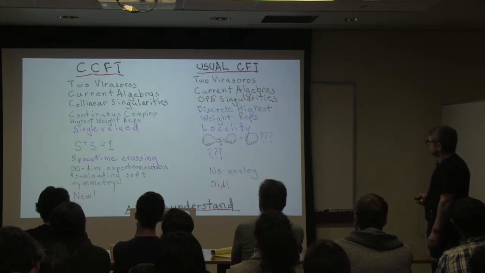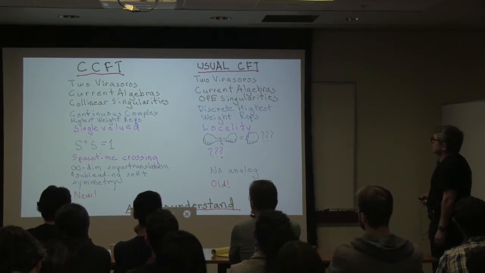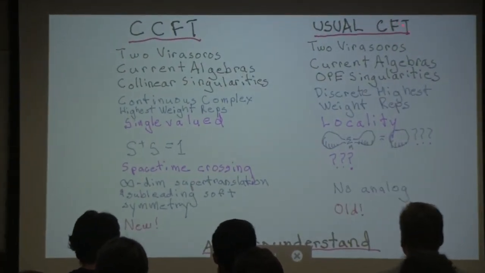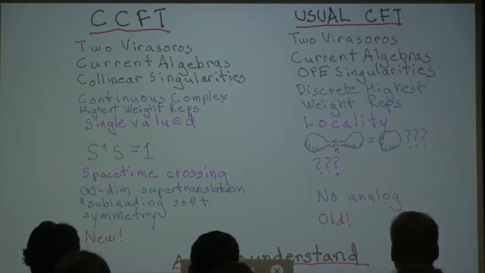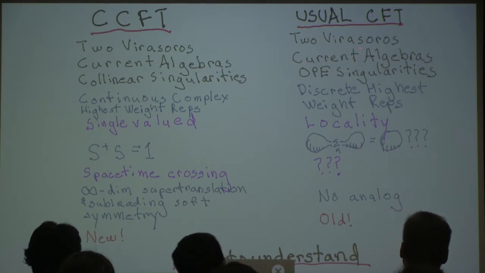Okay, so let's do a comparison here. So there are two celestial conformal field theories with usual conformal field theories. In both cases, there's two Virasoro actions. In usual CFT, it's interesting to think about current algebras.